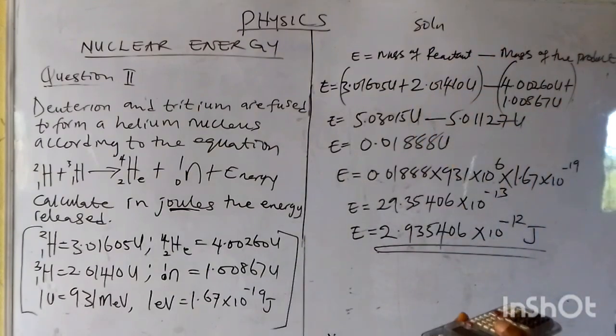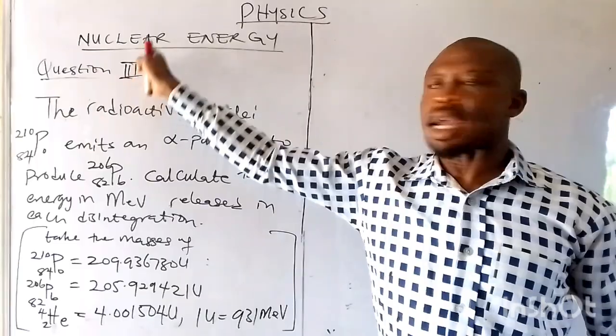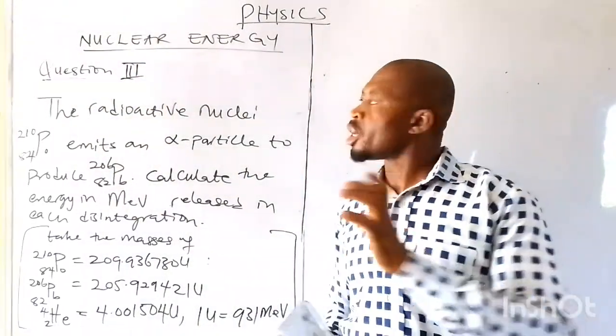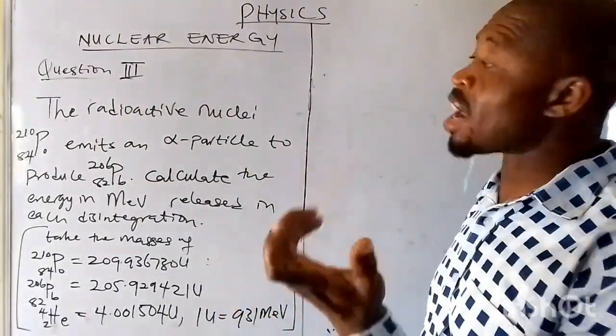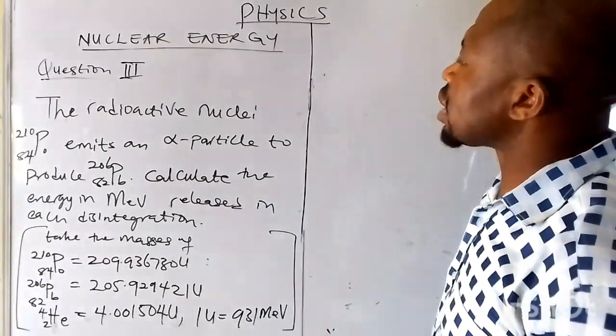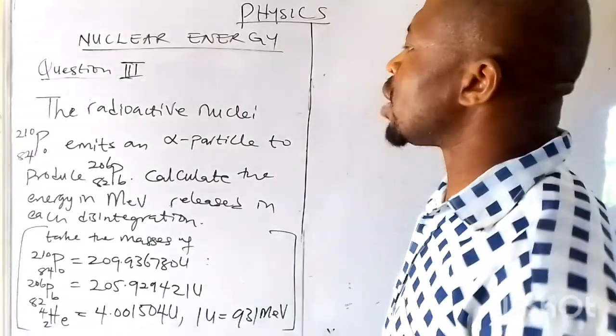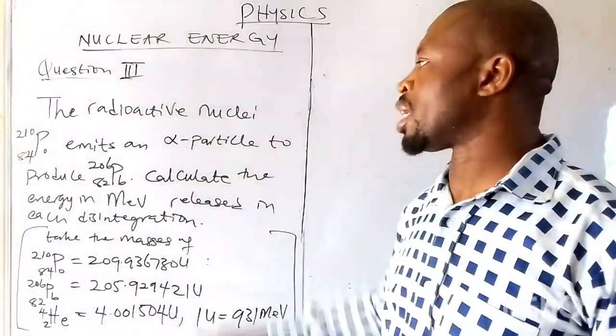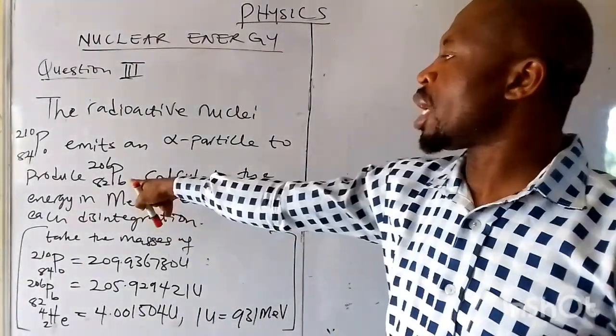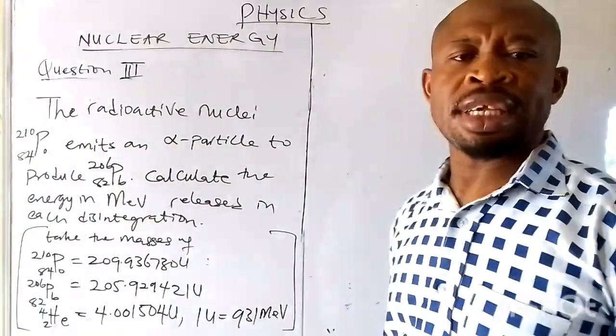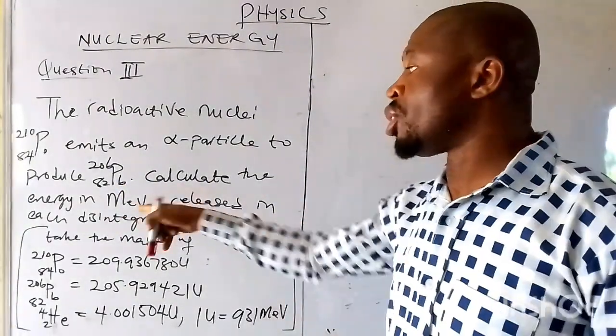Now we'll take the last question. This third question, which is the final question, says the radioactive nuclei polonium 210, 84 emits an alpha particle to produce lead 206, 82. Calculate the energy in MeV.